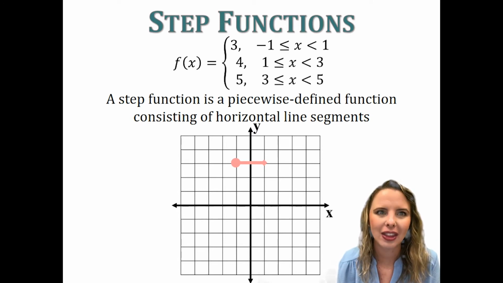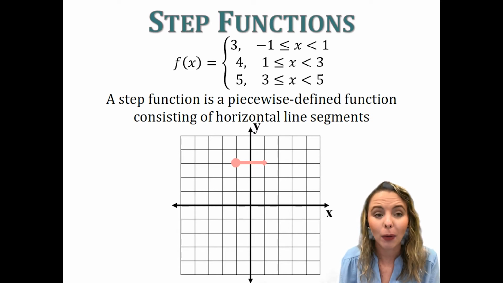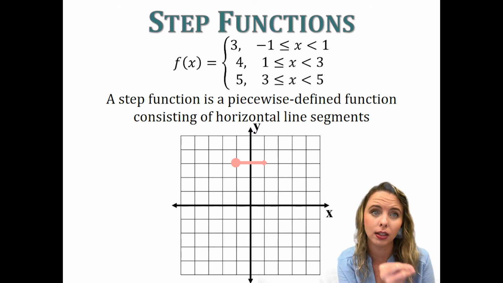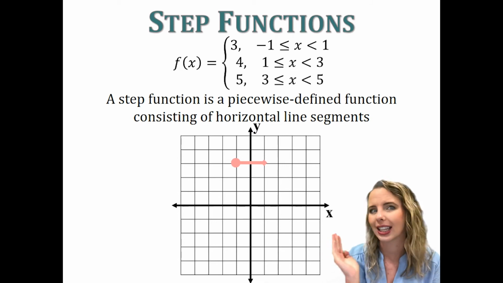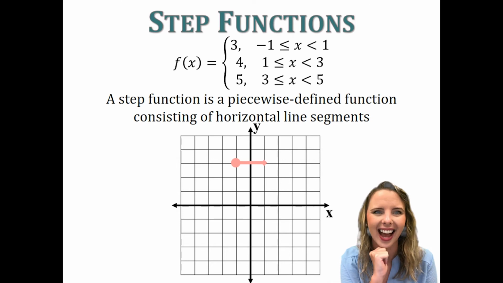So just know that the diamond indicates an open circle because that is what Microsoft allows me to do. And we have the closed circle at the beginning at -1 because x is greater than or equal to -1. It includes -1. So we have a closed circle, but x is just less than 1. It does not include 1, so that's an open circle, or in this case, a diamond.